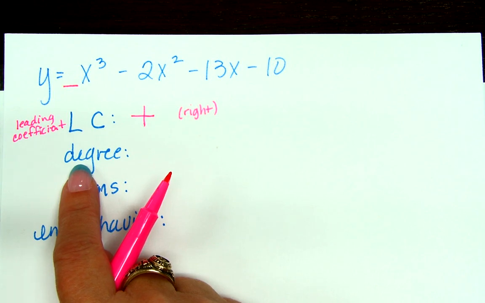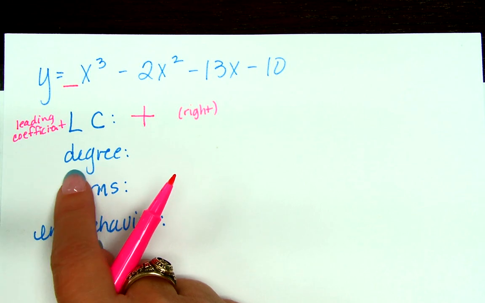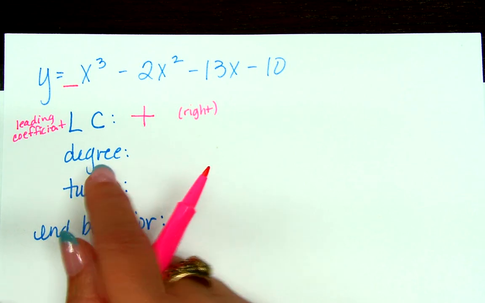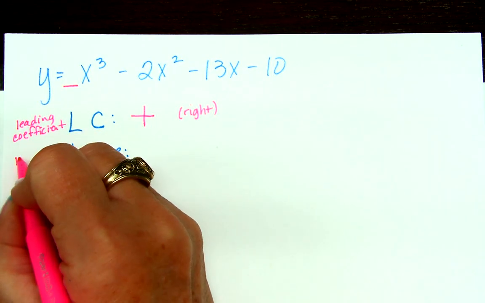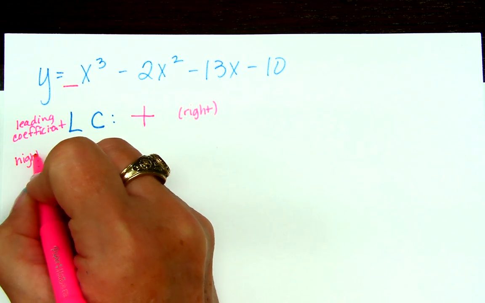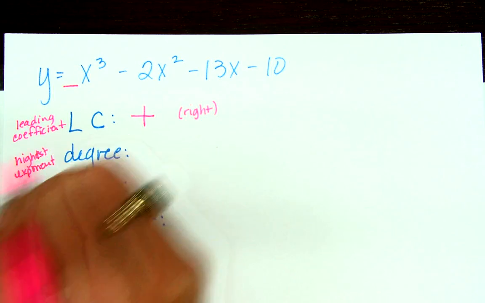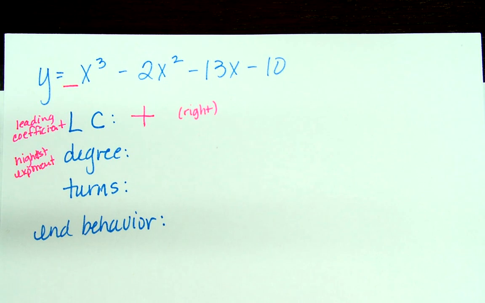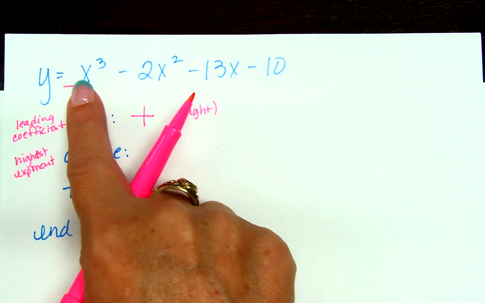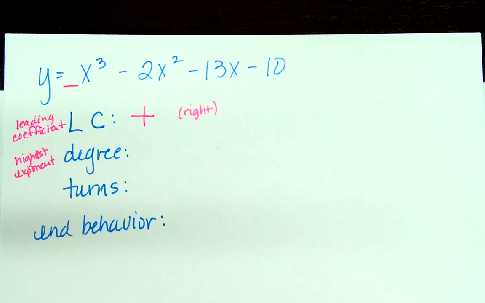Close. I just want you to be a little bit more specific than that. The biggest exponent. Now, did you hear what she said first? The first exponent. Well, if it's in standard form, it is the first exponent, isn't it?